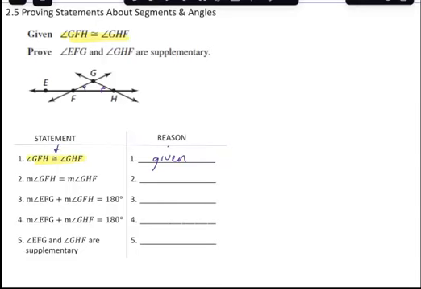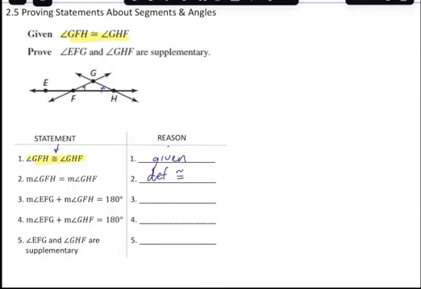The symbol of congruence can be converted into a measure that can be added, subtracted, multiplied, divided by using definition of congruence. And it can work in either direction. Definition of congruence can also allow you to say that if two measures are equal, then the angles or the segments are congruent. So definition of congruence allows you to say equality of measures is the same as congruence of elements in either direction.